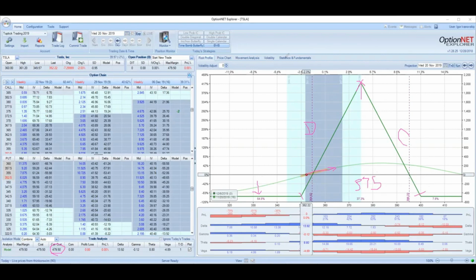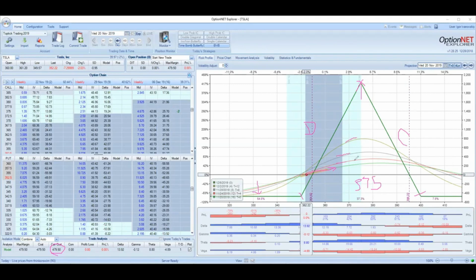And then we can look at how this trade makes money over time. Right, we can see that if Tesla moves towards 375, but it moves rather slowly, our T+0 line is going to pull, and it's going to actually improve over time.